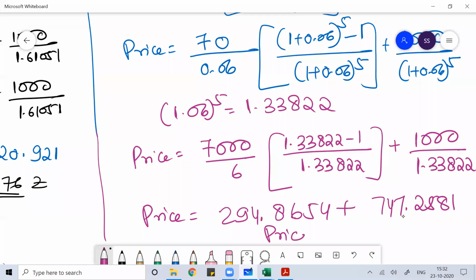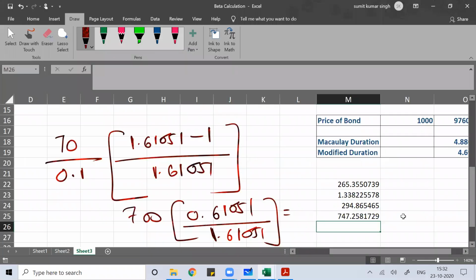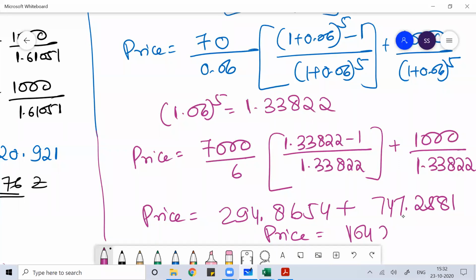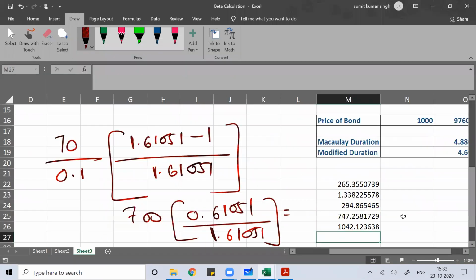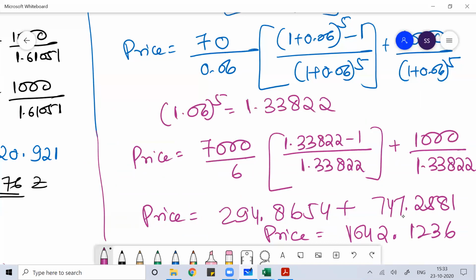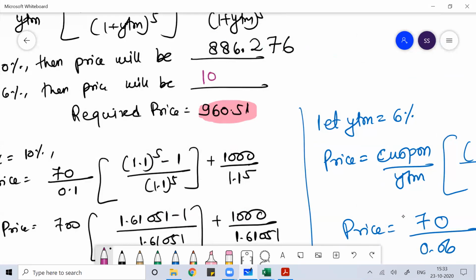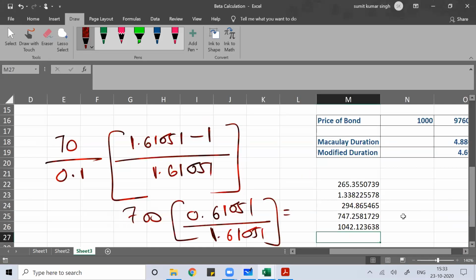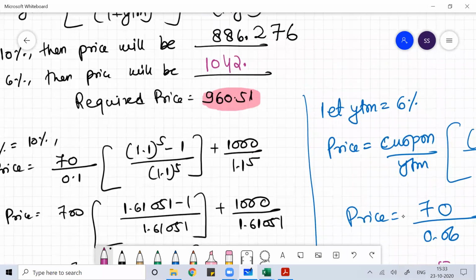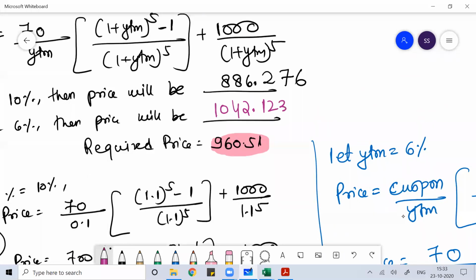So the price of the bond you will get is this plus this, which is 1042.1236.